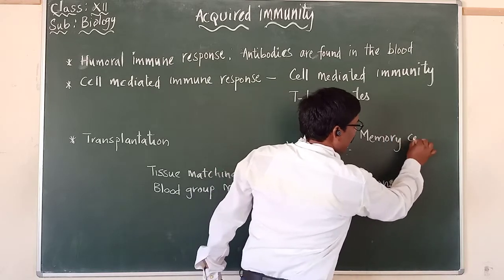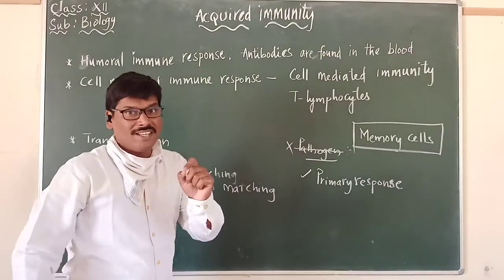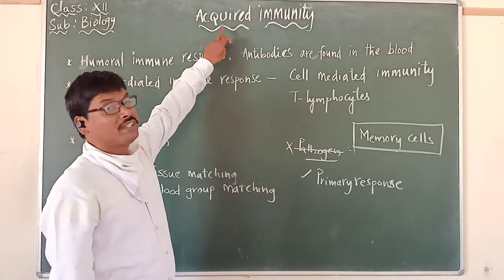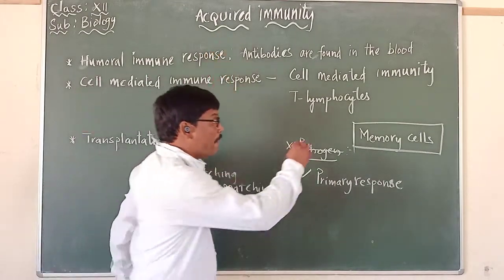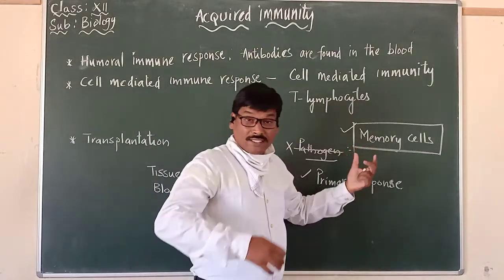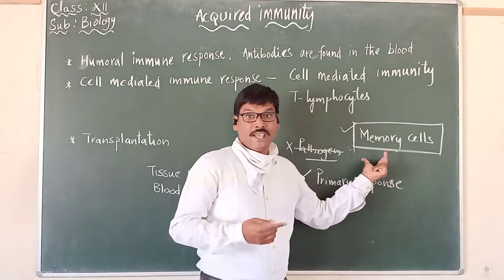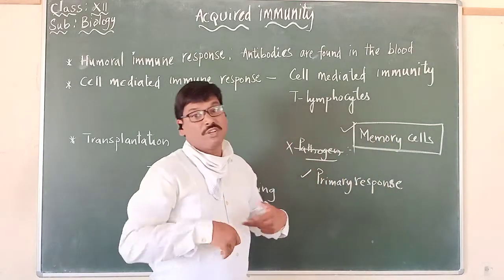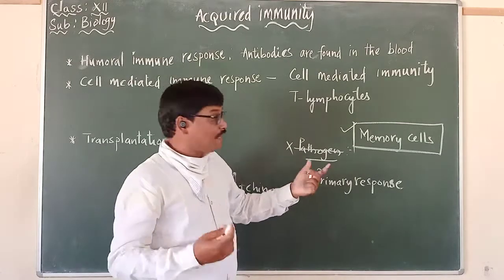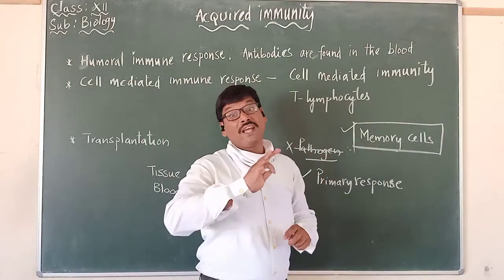A very important thing to remember is that memory is the characteristic feature of acquired immunity. Some of the cells which fought the pathogen for the first time turn up as memory cells. If that same pathogen enters our body again, it will be destroyed, but this time the severity will not be high.